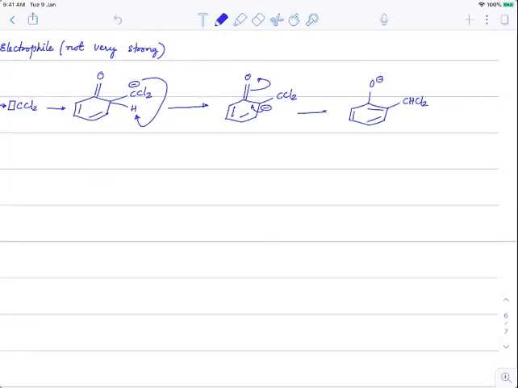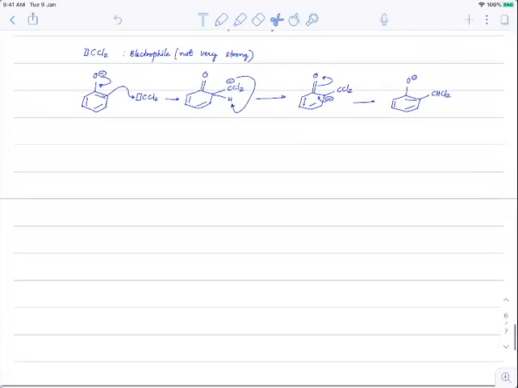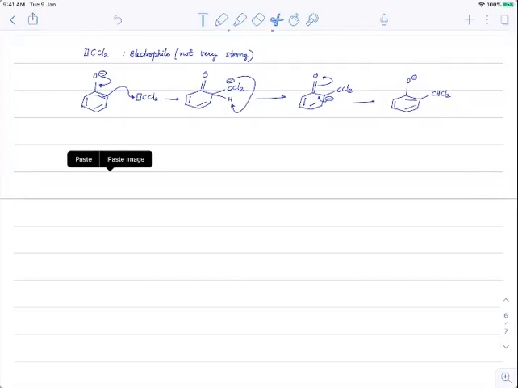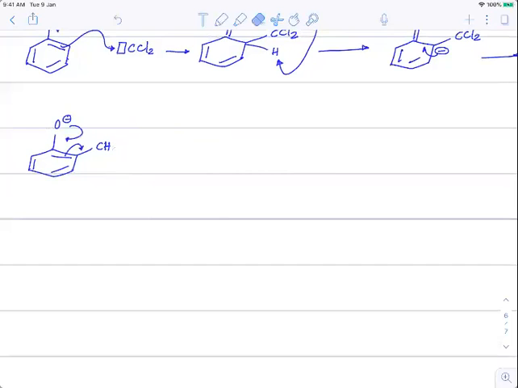So after this, again, what would happen? Now suppose we have two Cl groups here. What I can say is this double bond, if at all it shifts here, can be shifted outward, considering that one of the Cl is leaving.